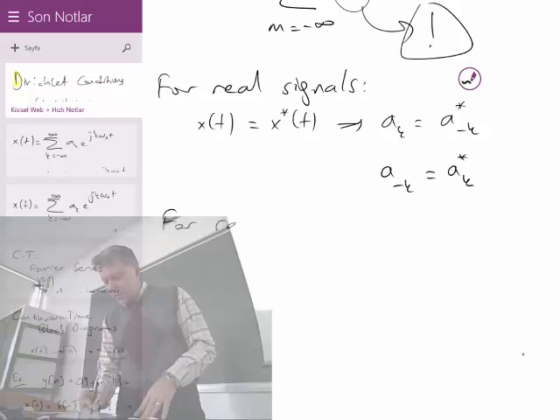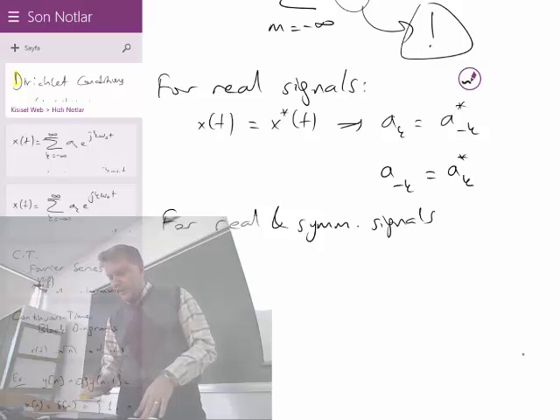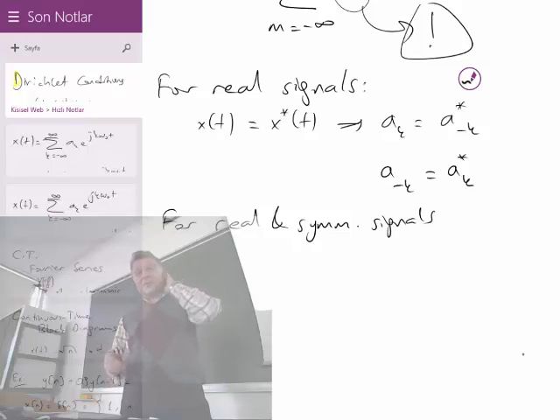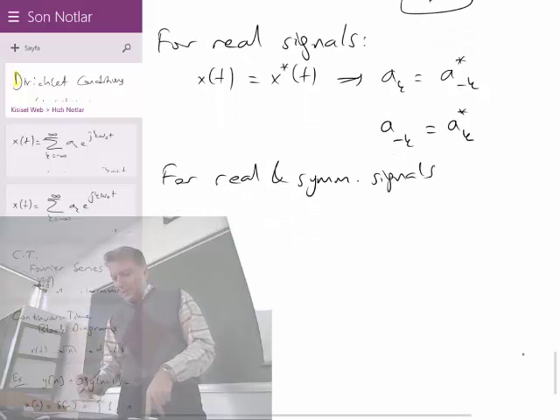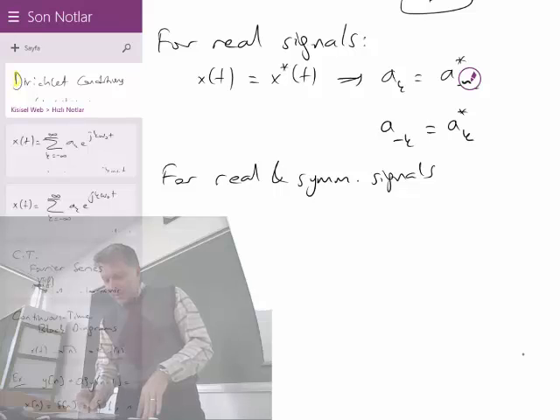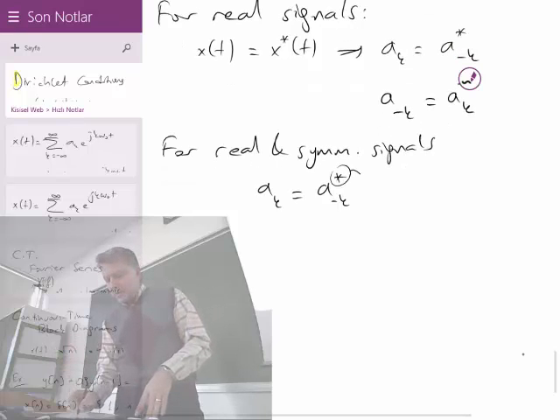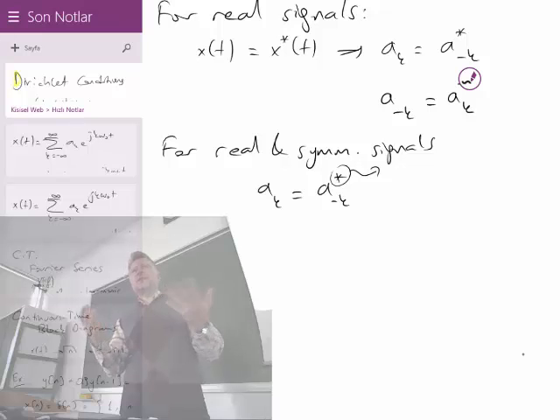For real and symmetric signals, if you have a symmetric signal, then it corresponds to an even signal, and even signals have real Fourier series coefficients, and we have a k is equal to a minus k conjugate. But conjugation is unimportant, because for symmetric signals the Fourier series coefficients are real anyway, like cosine.